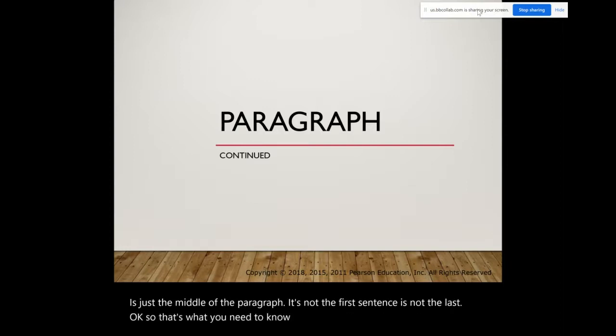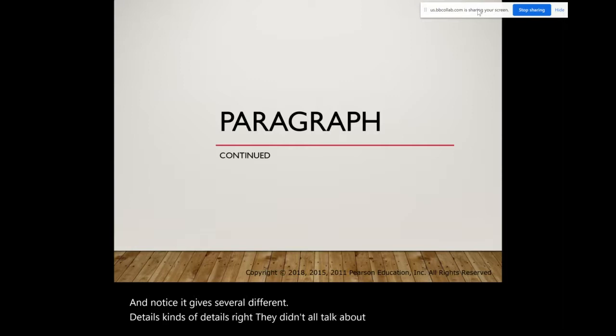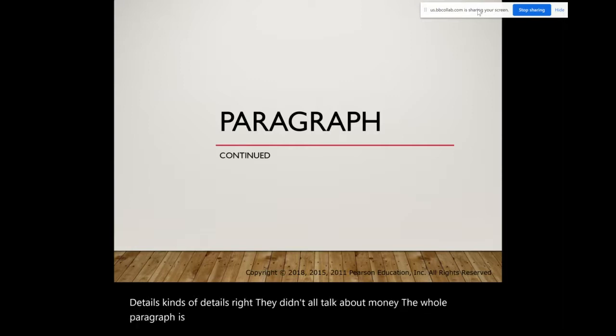Supporting sentences are the details, the information in the middle of the paragraph. And notice it gives several different kinds of details, right? They didn't all talk about money. The whole paragraph is not only about money, it's about several different things.